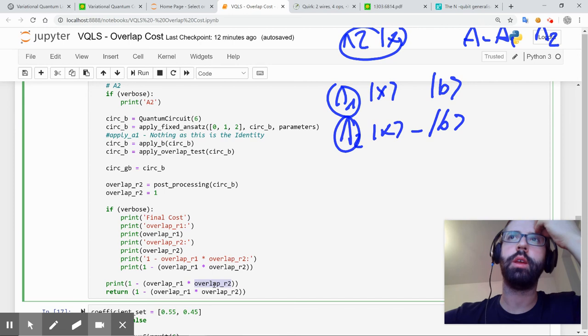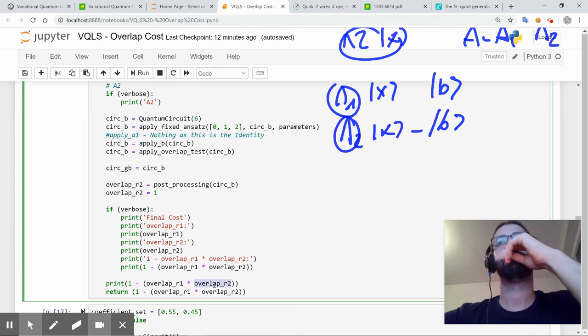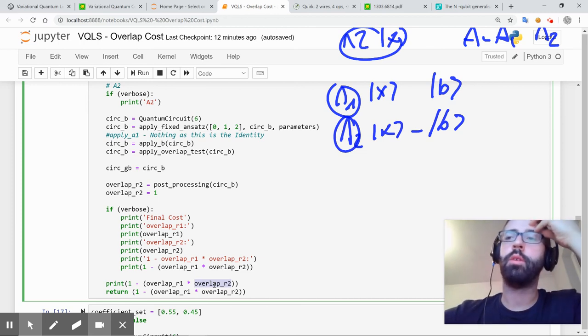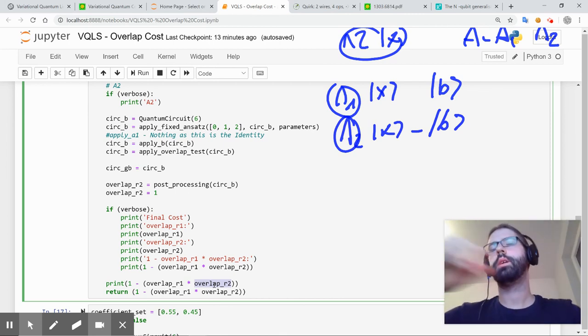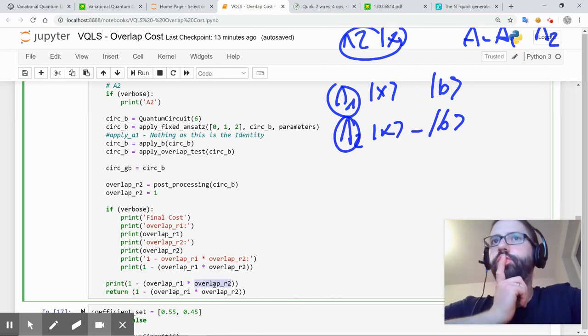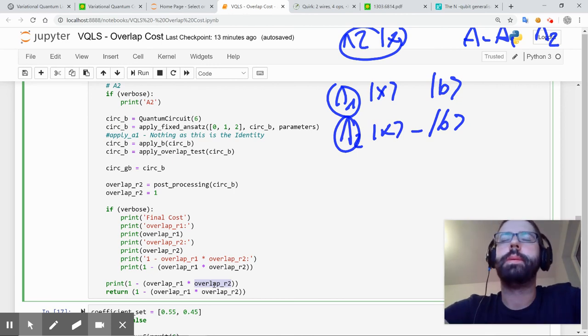It's almost like saying, oh, wait a second, but if I, then maybe it makes sense that the overlap is not so low in this case.